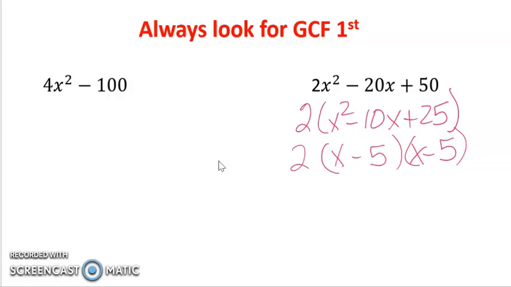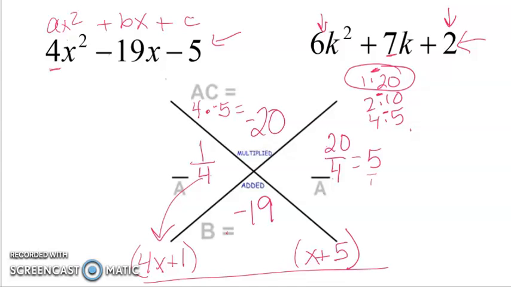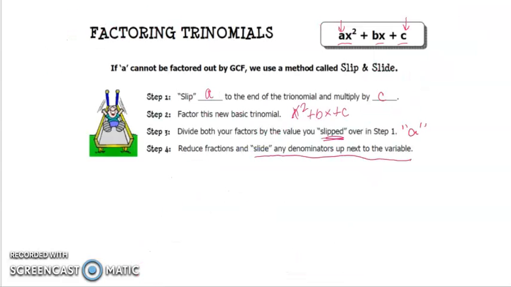So perfect squares just means when you simplify down to the polynomial, you've got perfect squares in the front and the back. Okay? So if the x power is the easiest way to factor, do that. If slip and slide made more sense to you, then use it.